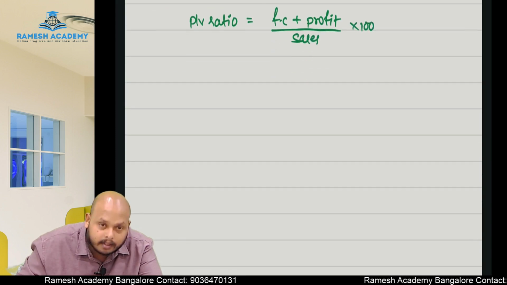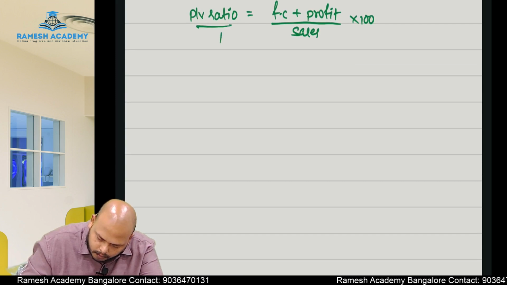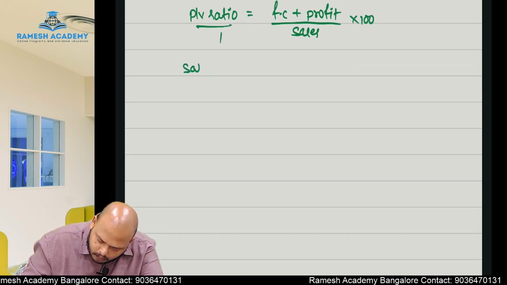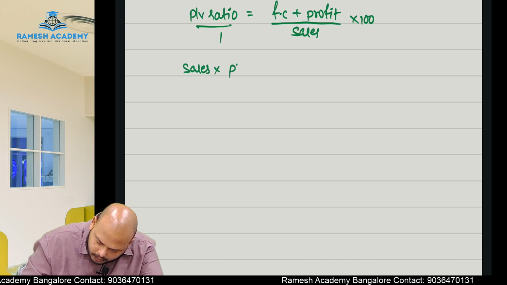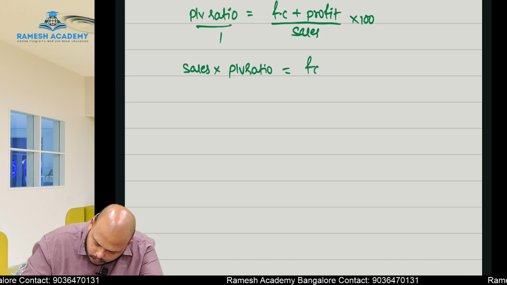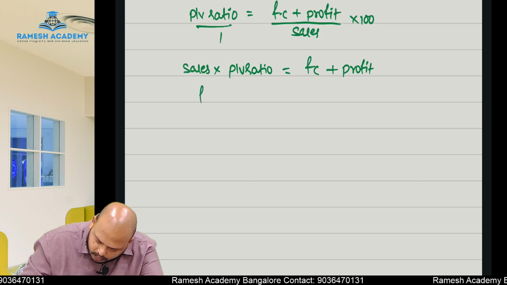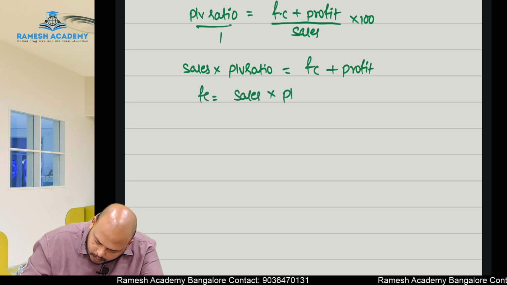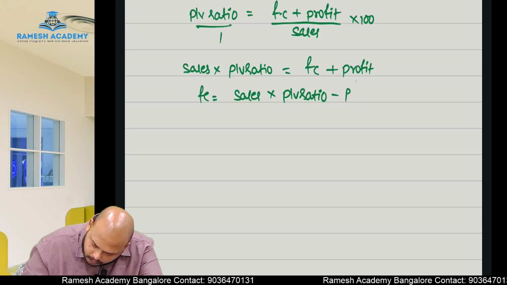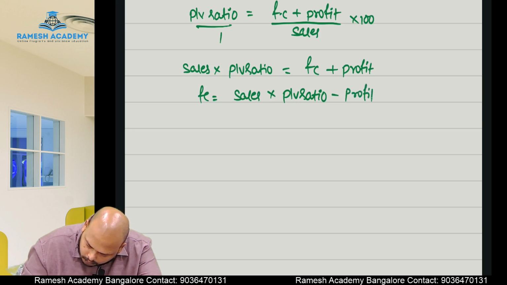Can I write like this? Now cross multiply. Sales into PV ratio is equal to fixed cost plus profit. Fixed cost is equal to, what is the formula we can write? Sales into PV ratio minus profit.